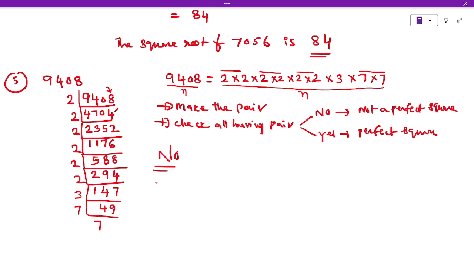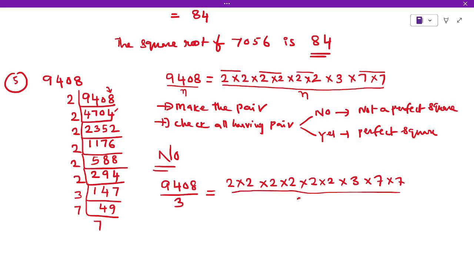So 9408 divided by 3. Clear? What is happening here? 2 into 2 into 2 into 2 into 2 into 2 into 3 into 7 into 7. I am dividing by 3. Why have I chosen only 3?